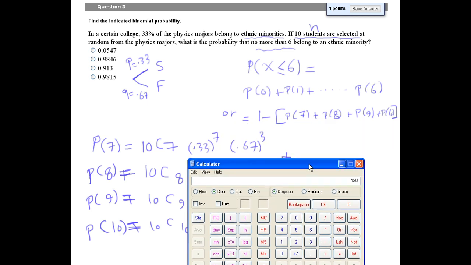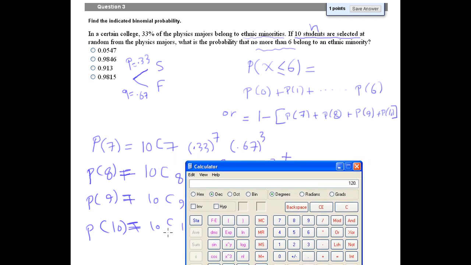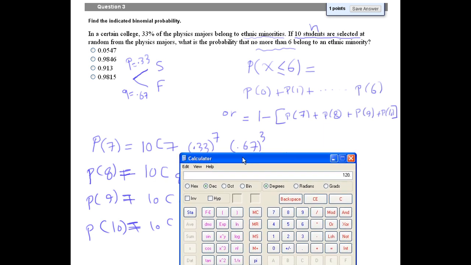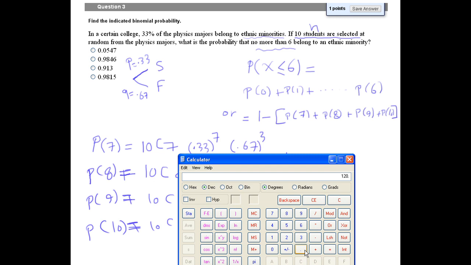The same thing applies for every other combination. Now we take this 120 and multiply it by 0.33 to the power of 7. The power here is applied only to the 0.33, so we wait for the power first.